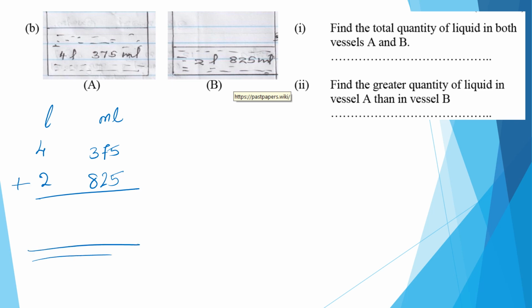So you can say 5 plus 5 is 10, then you write 0 and 1 carries, and 1 plus 7 is 8, 8 plus 2 is 10 again, and then you write 0 here, and 1 carries. 1 plus 3 is 4, 4 plus 8 is 12, and you write 2 here, and 1 carries. 1 plus 4 is 5, 5 plus 2 is 7.